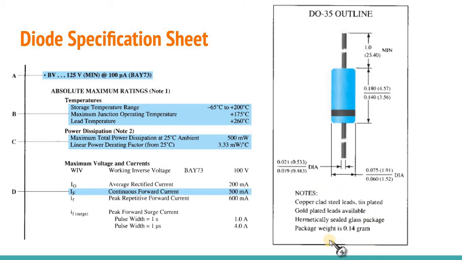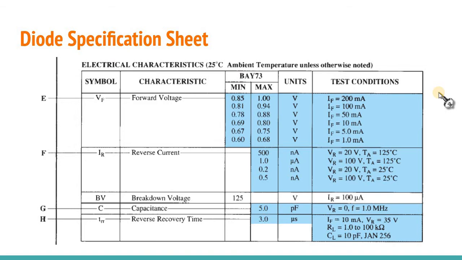And then you can also see here the package weight, which is 0.14 grams for this kind of diode. And then electrical characteristics, makita gihapon ni sa data sheet, it is 25 degrees ambient temperature unless otherwise noted. Okay, so these data are taken with 25 degrees ambient temperature.